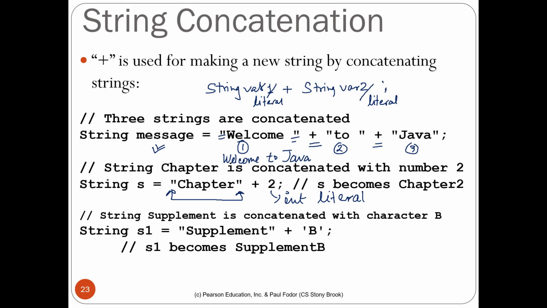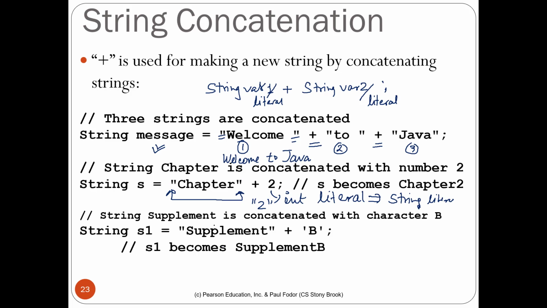Well, the answer is this int literal changes to a string literal. So what Java does, it will change 2 to string "2", and then there will be this string concatenation, and the S will be checked 2.